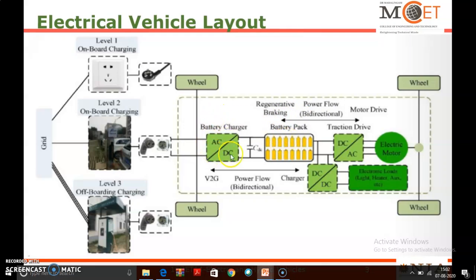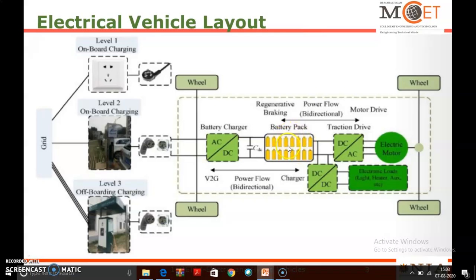This is a battery charger, which is a rectifier system. The available form of supply at the grid is AC, so this battery charger converts this AC supply into DC before we store the energy in the battery, because a battery can store only DC.